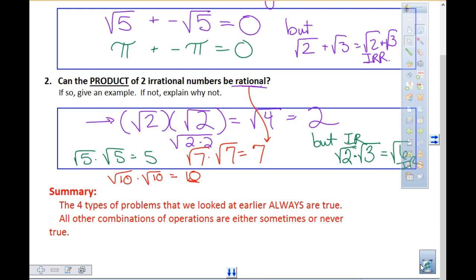But all combinations of operations other than those 4 are either going to be sometimes true or they're never true. Those 4, they hold. They are always going to be that way.